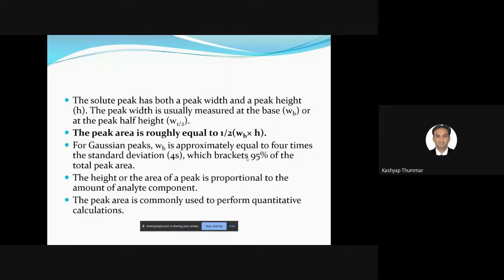Likewise, in HPLC or any chromatography, peak height or area indicates the amount of analyte component. If the peak area or peak height is more, the concentration is higher. If it is too small, the amount of sample is too low. As I said, the peak area is commonly used to perform quantitative calculation.